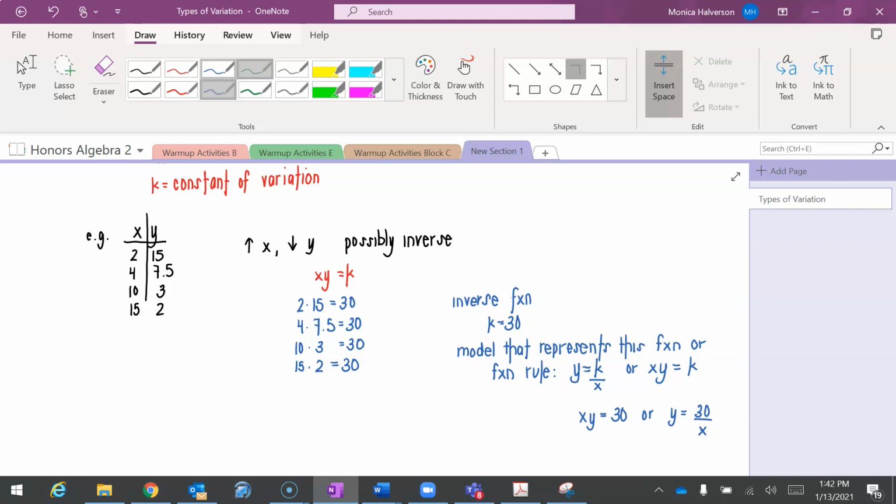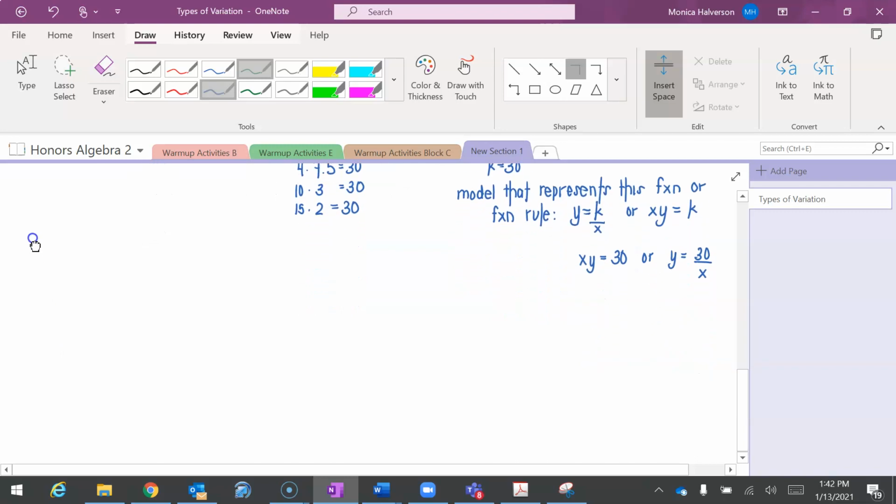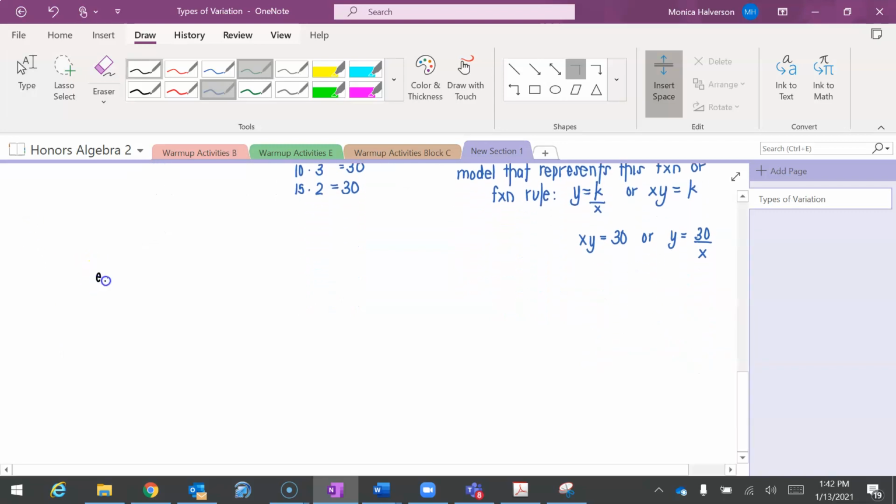All right, so I'd like you to do the next one on your own. Here is our data table. X, y. We have 0.28, 0.520, 1.040, and 1.560.